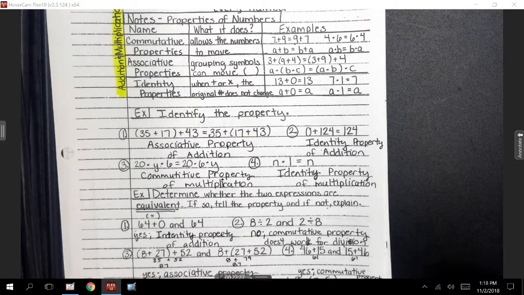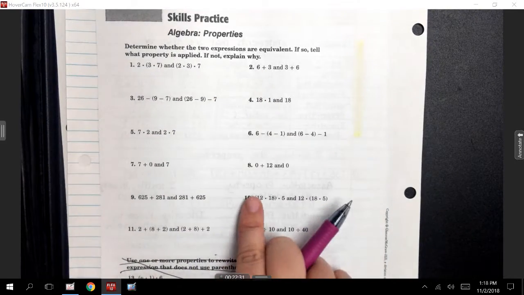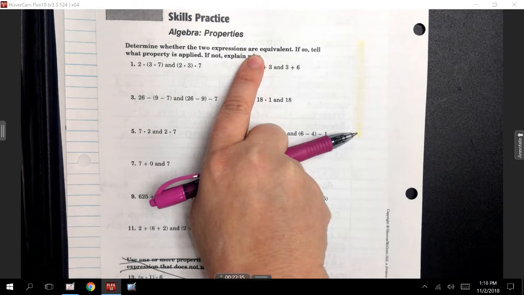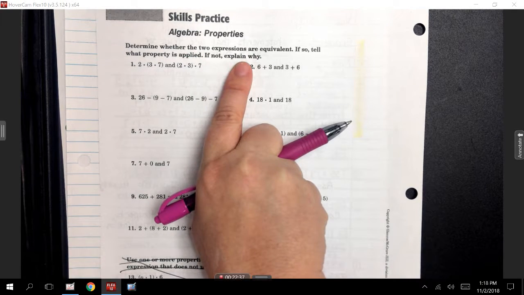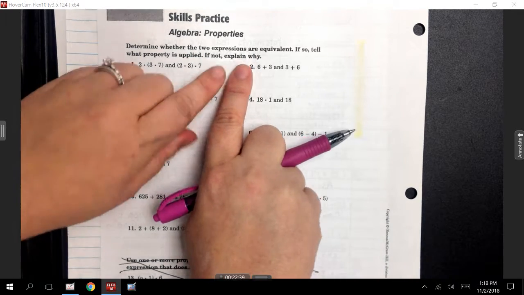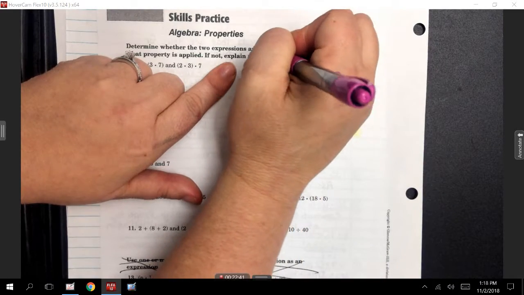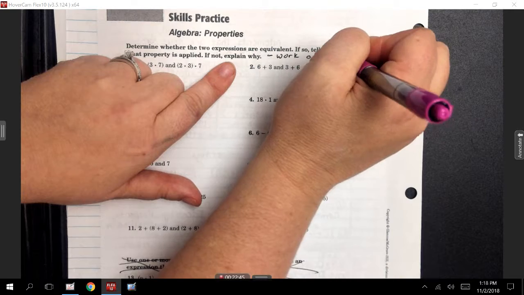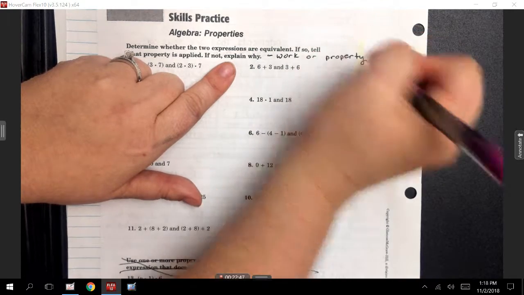You have to try it, though, to know if we're setting these up right. Your homework on the back, you're doing exactly what we did on the bottom. Tell whether they're equivalent. If they are, tell me the property. If not, explain why. Remember, for the explain why, this can be the work or the property. You can choose which one to show.